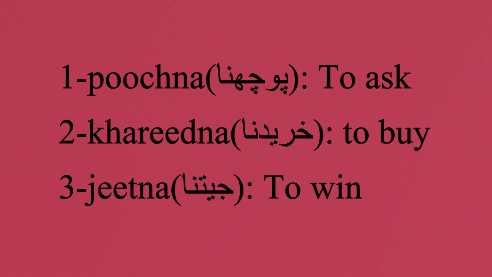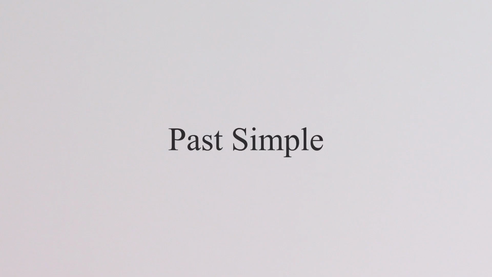So now I'm going to give you a challenge. I'm going to give you 3 transitive verbs and then you can conjugate them in 8 different tenses in the comment section. Let's move to the next tense, which is the past simple tense.